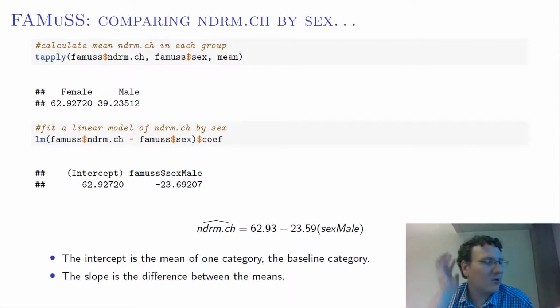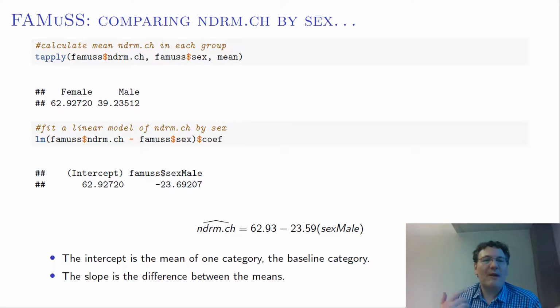So when you fit a linear model to the percentage change in arm strength with sex as the only predictor, the intercept is 62.92, and then the slope coefficient, which is the coefficient for whether the person is male or not, is going to be the difference in the two percentage changes.